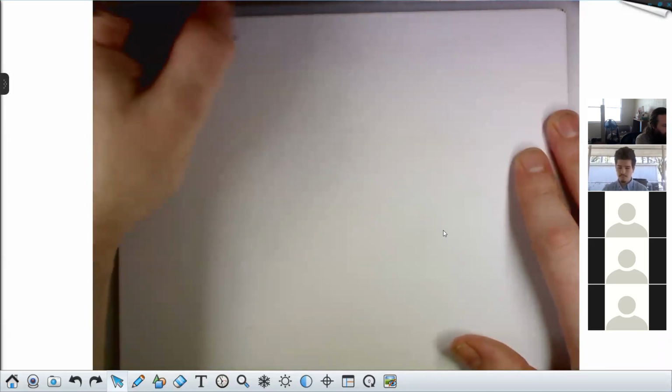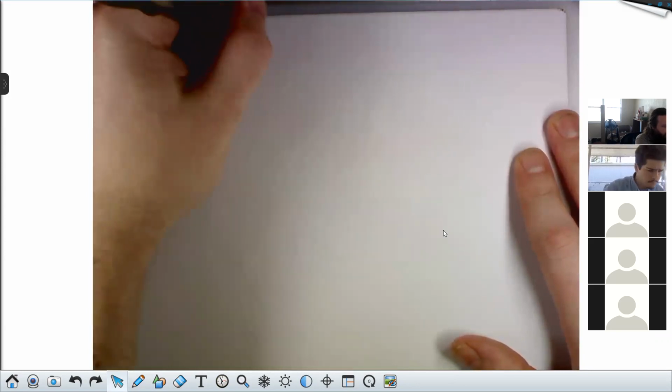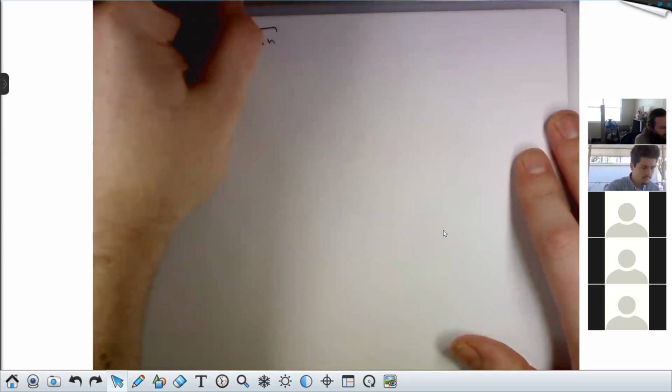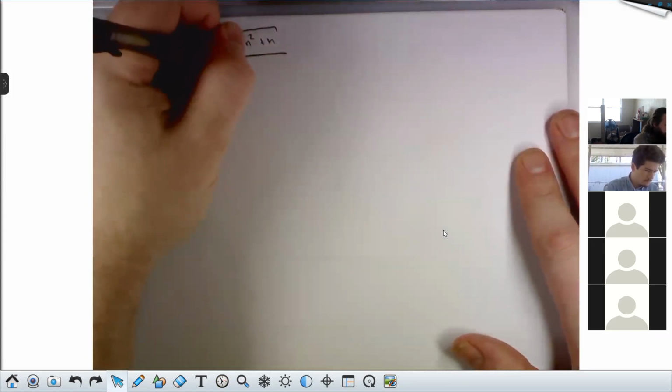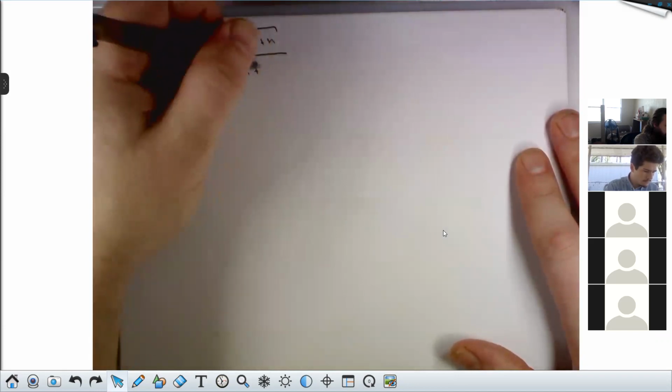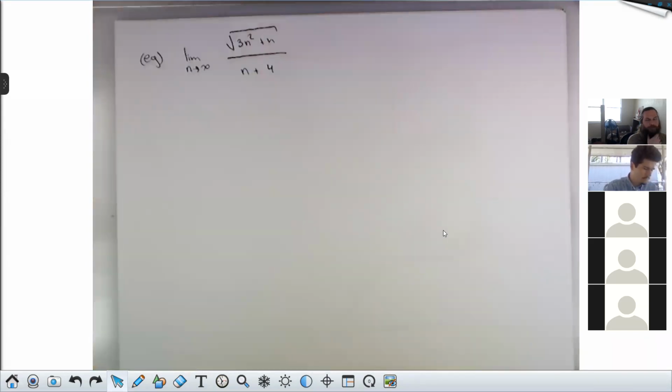What if I just want to compute this? I can't distribute the square root.